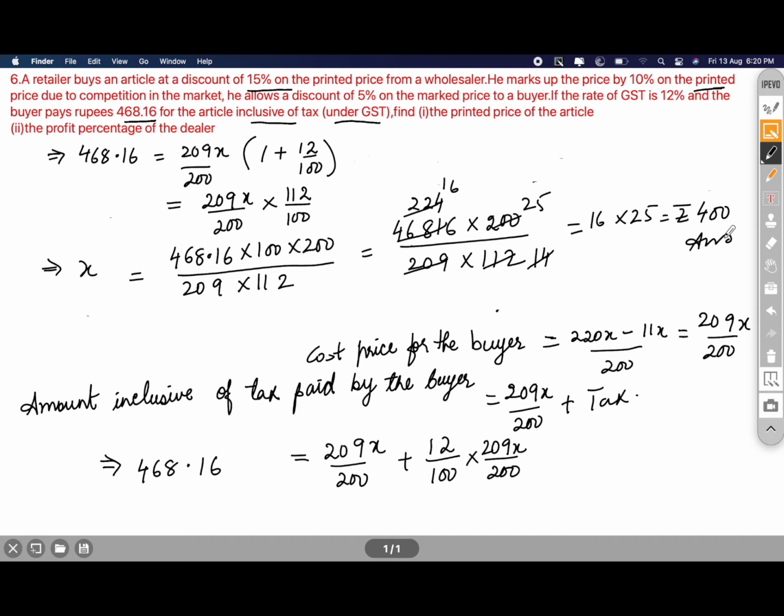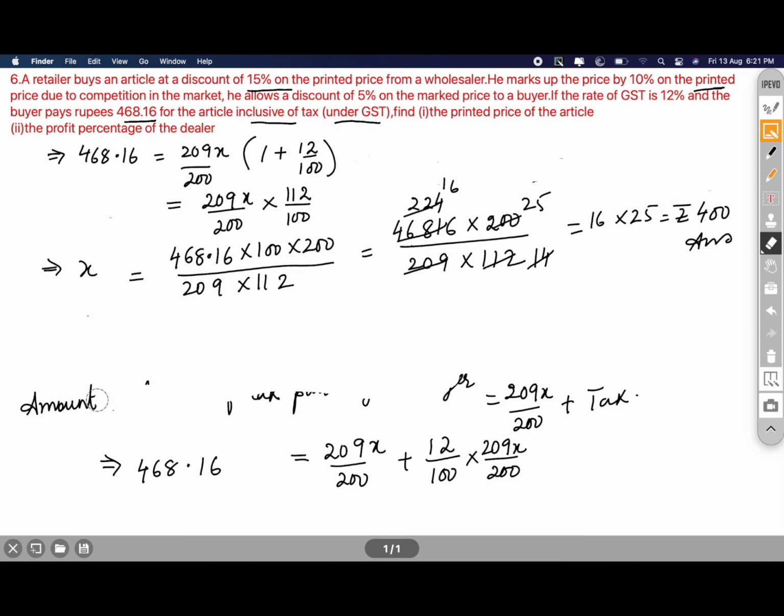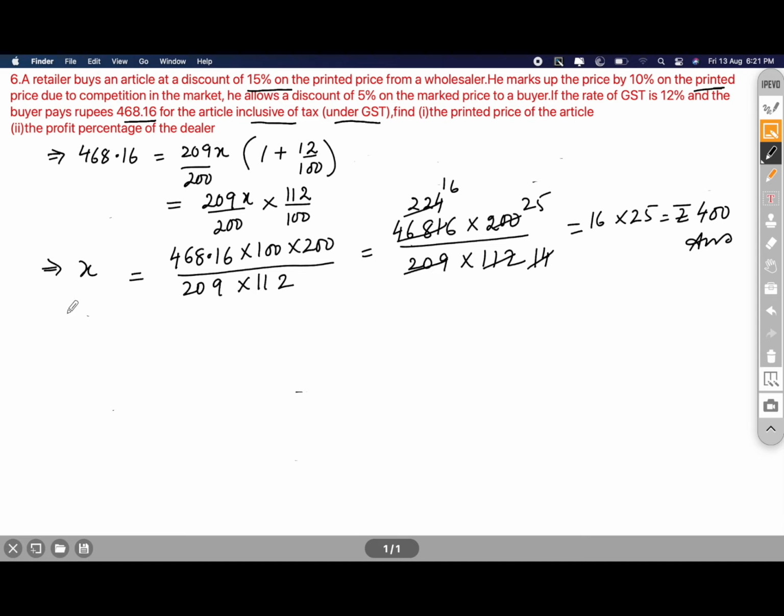Now for the second part of the question, children, we need to find the profit percentage. In order to find the profit percentage of the dealer, I must know the cost price for the dealer and the selling price for the dealer. So let us evaluate that, because we have found it in terms of X only. Once we substitute the value of X, we will get the actual price. So now the selling price for the retailer, in terms of X, we found as 209x by 200.